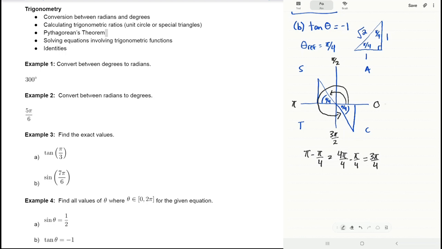And the other angle is going to be 2 pi minus pi over 4. So it's going to be this entire angle, which is 2 pi minus pi over 4.